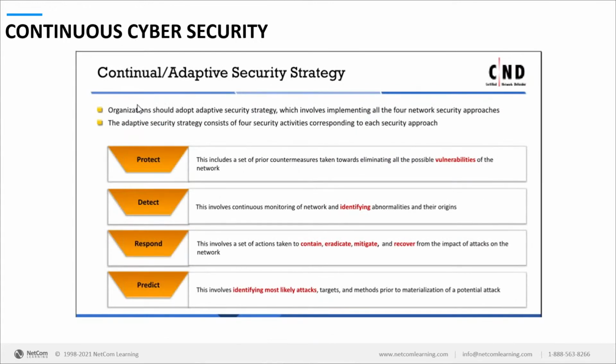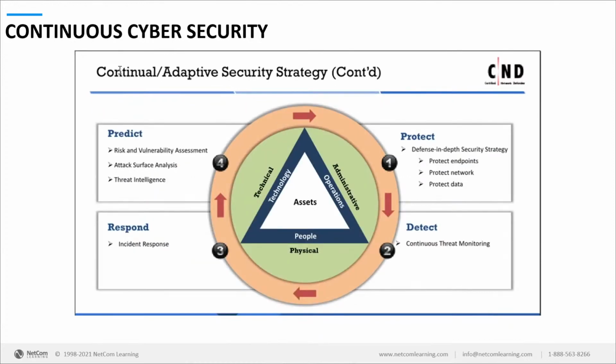Continuous cybersecurity needs to be adaptive. It needs to be evolving. In fact, the next slide's a little better, because this used to be the Cisco security wheel. But you need to predict what's going on. You need to detect what's going on. Protection is the name of the game. But if something happens, you need to be able to respond. You need to be aware.